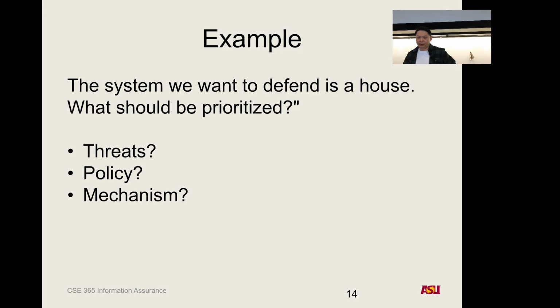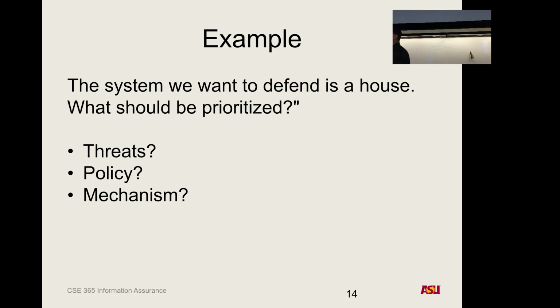The system. Let's see. We want to defend a house. So what should be prioritized? The threat, policy, or mechanisms? What do you think? So what should be prioritized from among the security related tasks, like threats?